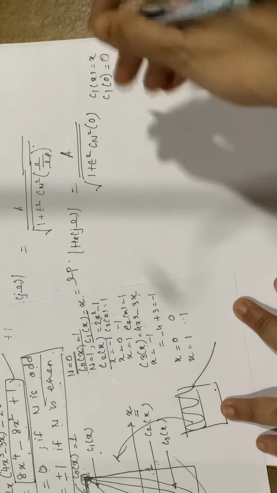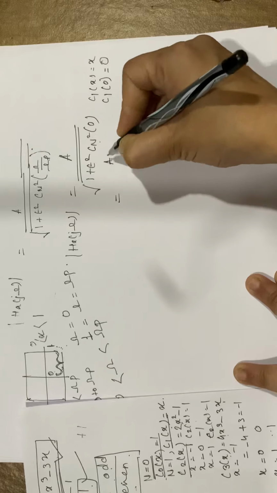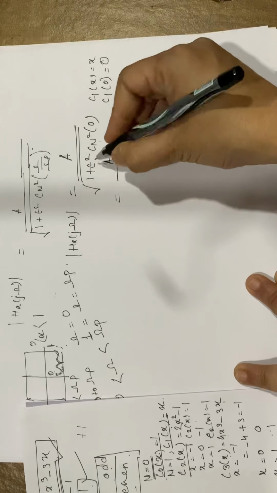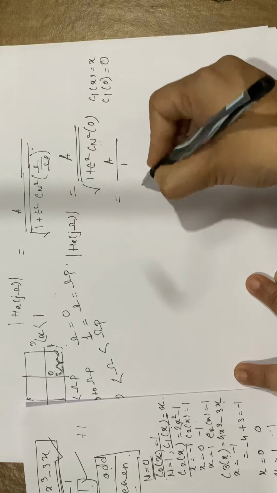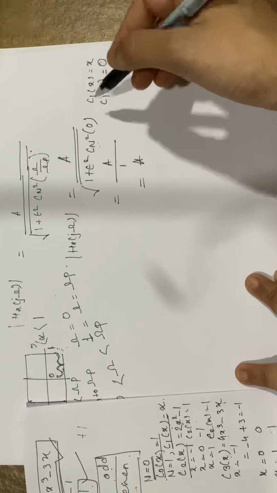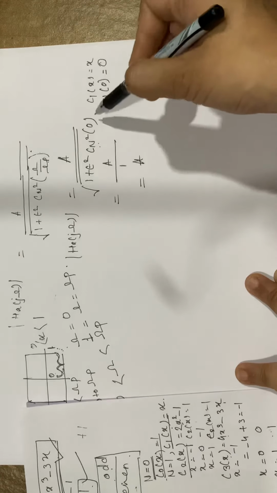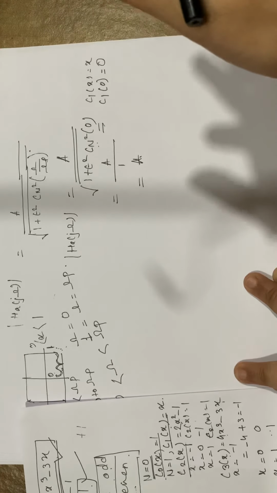It is going to be 0. If I substitute 0 over here, I am going to get A upon under root 1 plus epsilon square into 0, which is equal to A. So HA at x equal to 0 is equal to A, for n equal to 1, just as an example.